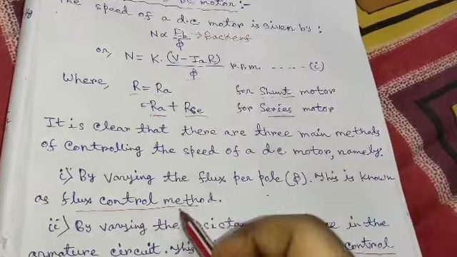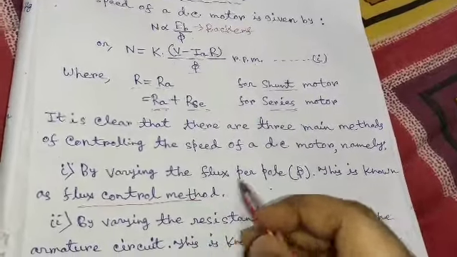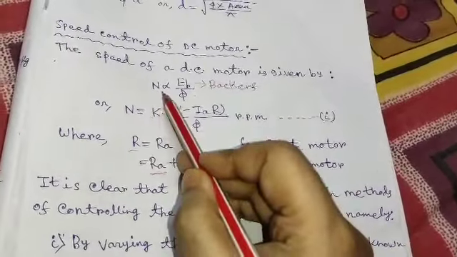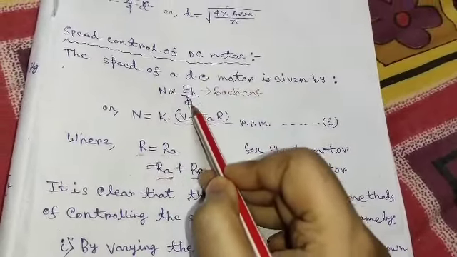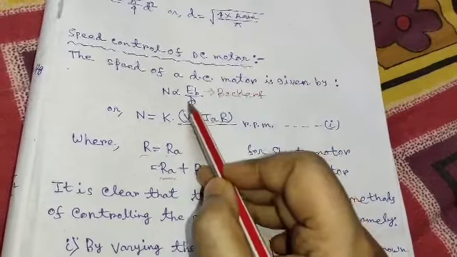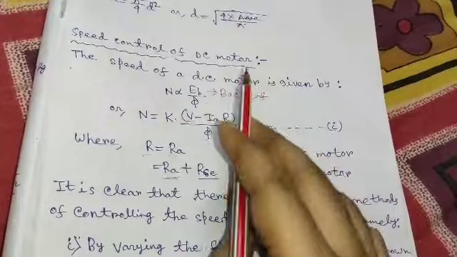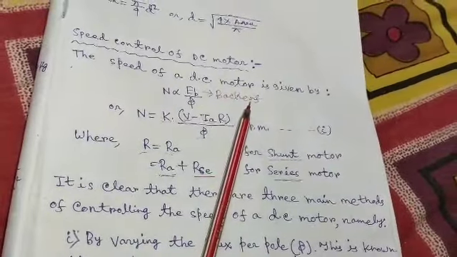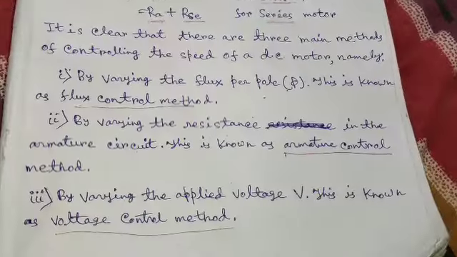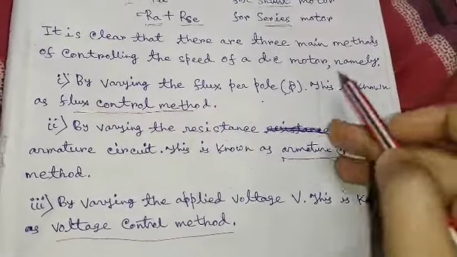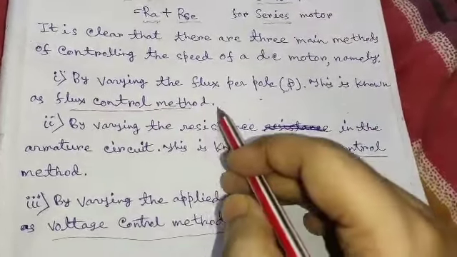That is known as the flux control method. We know that speed n is inversely proportional to phi, so if we change the flux phi, the speed n will also change.